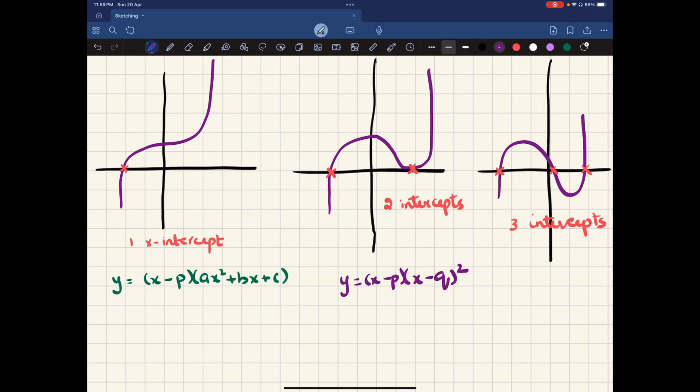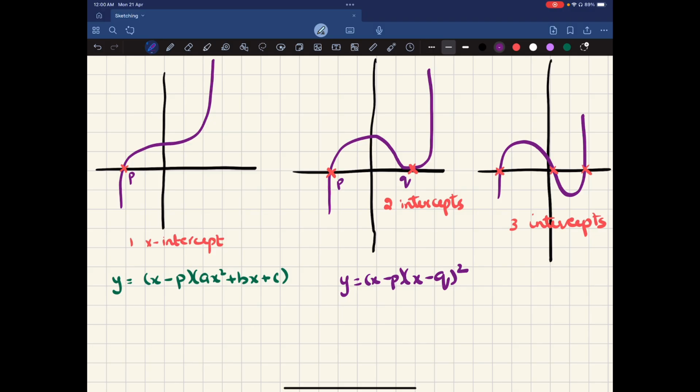I hope that from sketching quadratic functions, you're able to identify that this point is going to be P, and this is going to be Q. Let's ignore the signs for a while.